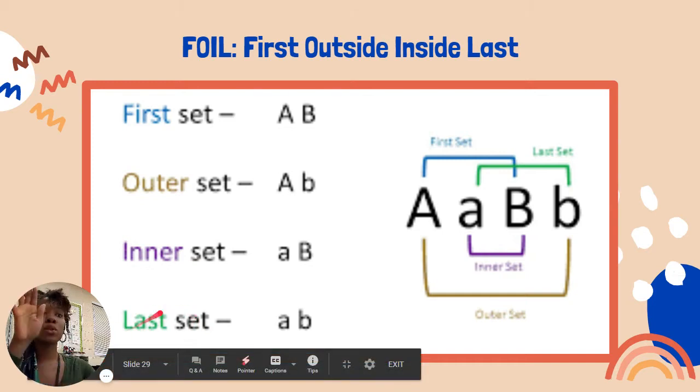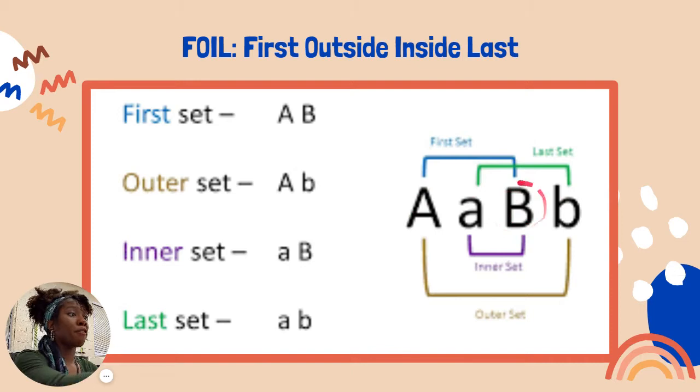If you are confused on that, pause this video right now, look at this picture, and take your finger and trace it. Now you can see big A and big B are first. Then the outer set: big A and little b are outside.